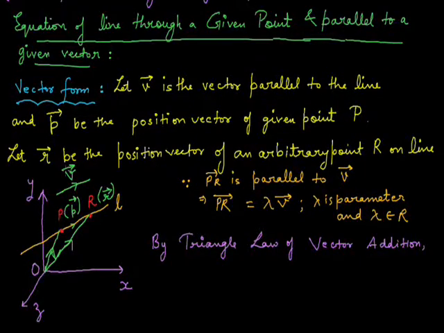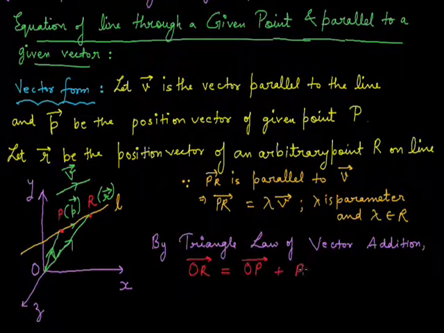In this triangle, OR vector can be written as OP vector plus PR vector. I've told you earlier, to understand the concepts of three-dimensional geometry, you must have gone through the chapter vector algebra. So if you are not able to get the equations over here, you can go through the chapter of vectors. You can revise that chapter.